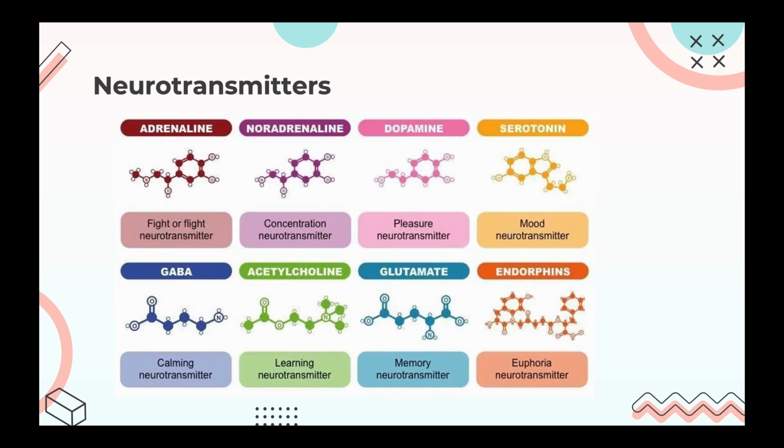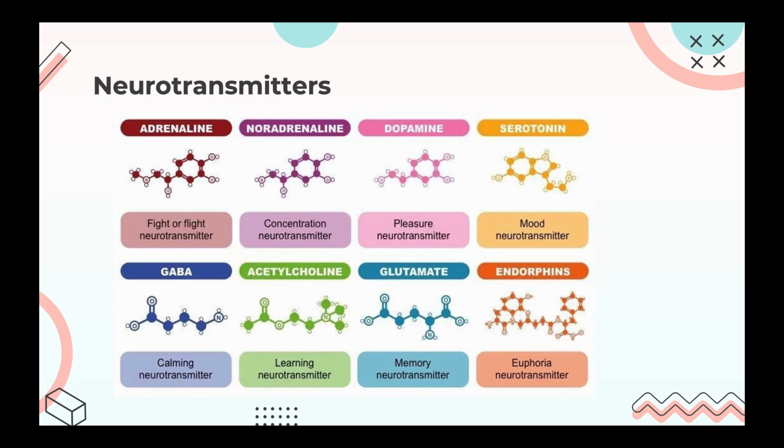And then we have the neurotransmitters. So over here you see an overview: adrenaline, noradrenaline, dopamine, serotonin, GABA, acetylcholine, glutamate, and endorphins. And the functions you can find below them are, in some cases, accurate, in some cases not completely accurate. Adrenaline is the fight or flight neurotransmitter, but so is noradrenaline. Noradrenaline is also associated with concentration, though to a lesser extent.